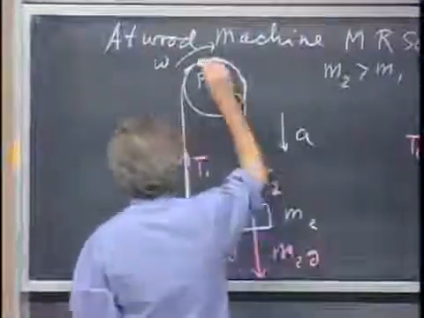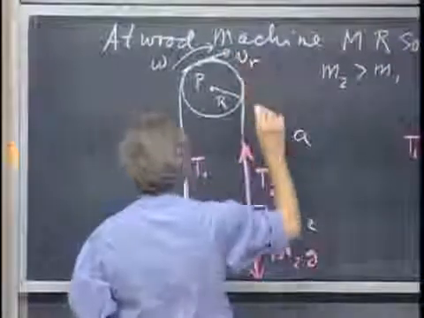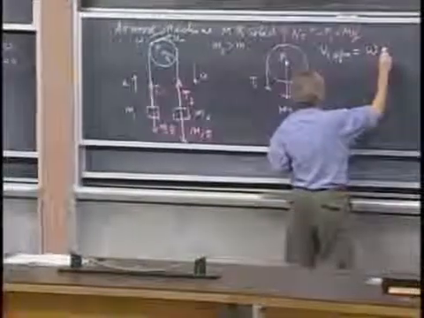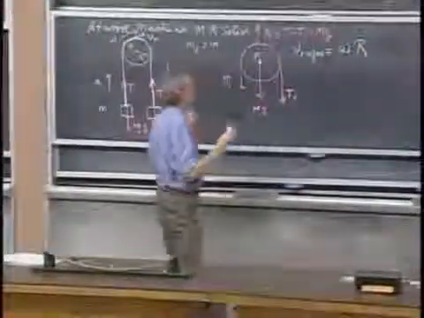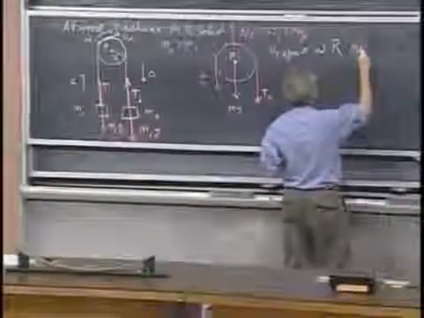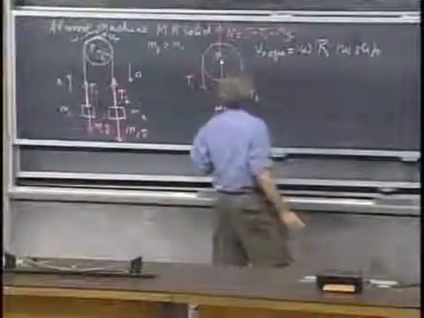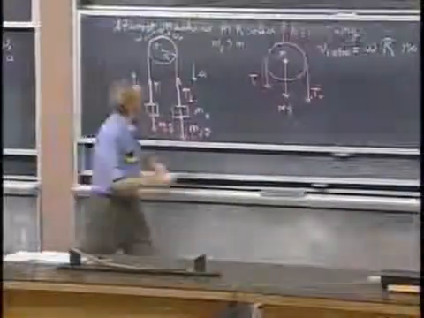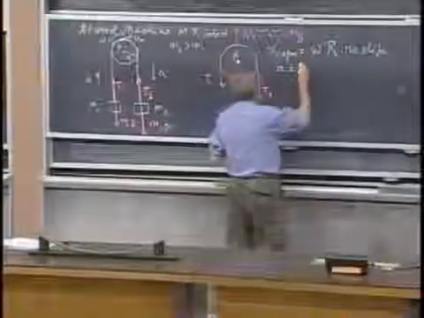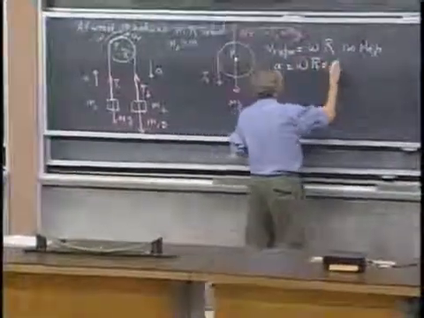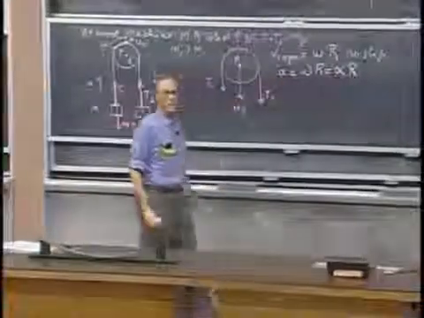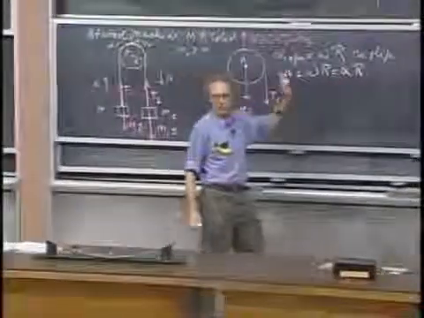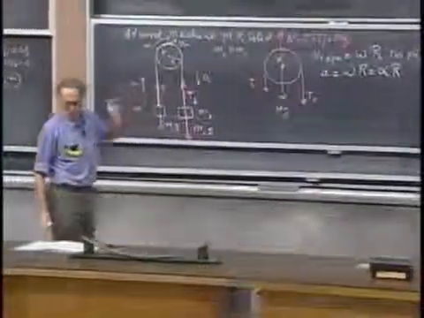That means the velocity of the rope, V of R, must be omega times R of the pulley. So the acceleration, which is the derivative of that velocity of the rope, a, is omega dot times R, which is alpha times R. Omega is the angular velocity, and alpha is the angular acceleration. So this is the condition, an important condition for no slip.